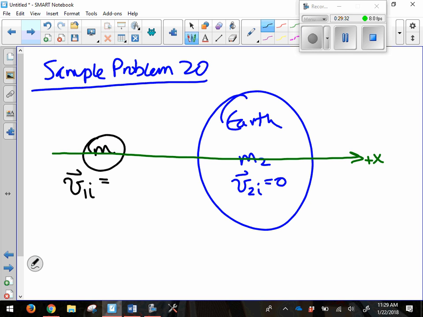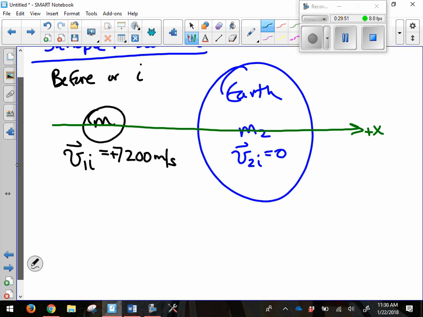Okay, so what's my initial velocity of my meteor here? What was it, 7,200 meters per second? Positive, again, in the x direction. So this is my before, or my initial.